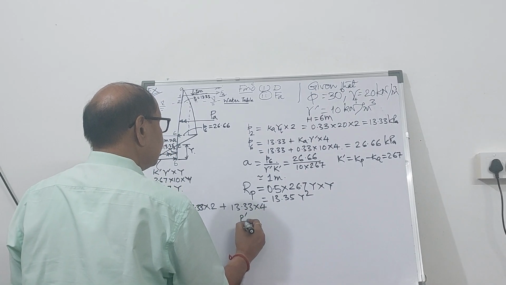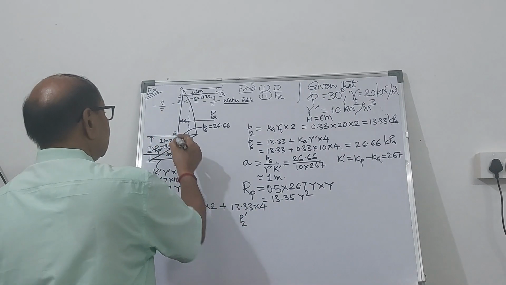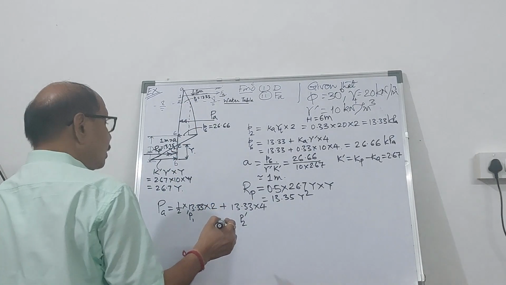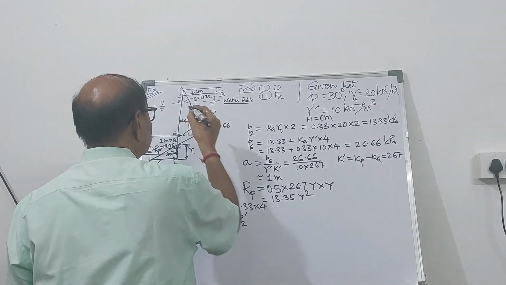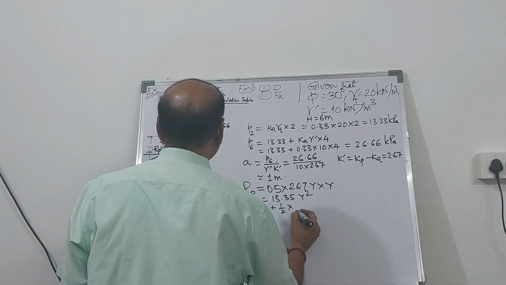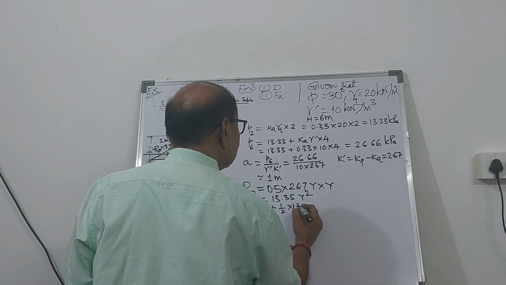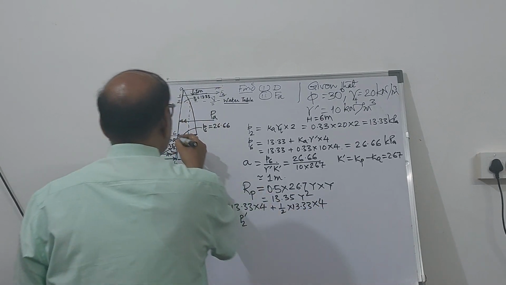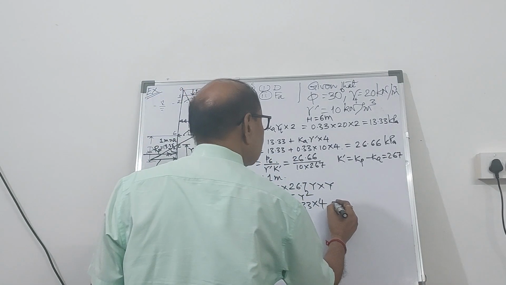Let's call this P2. So 13.33 into 4. Now this is the third one. So plus half into base, that is 13.33 into 4 plus this one.